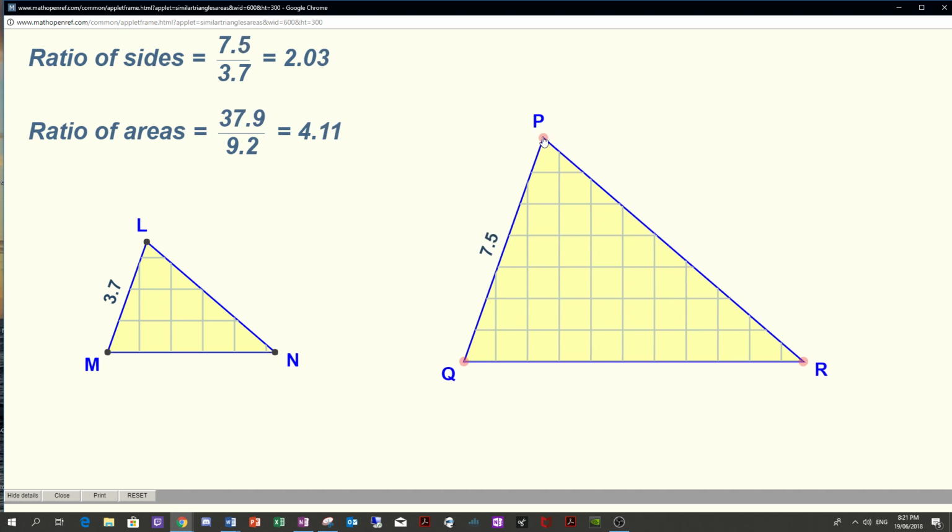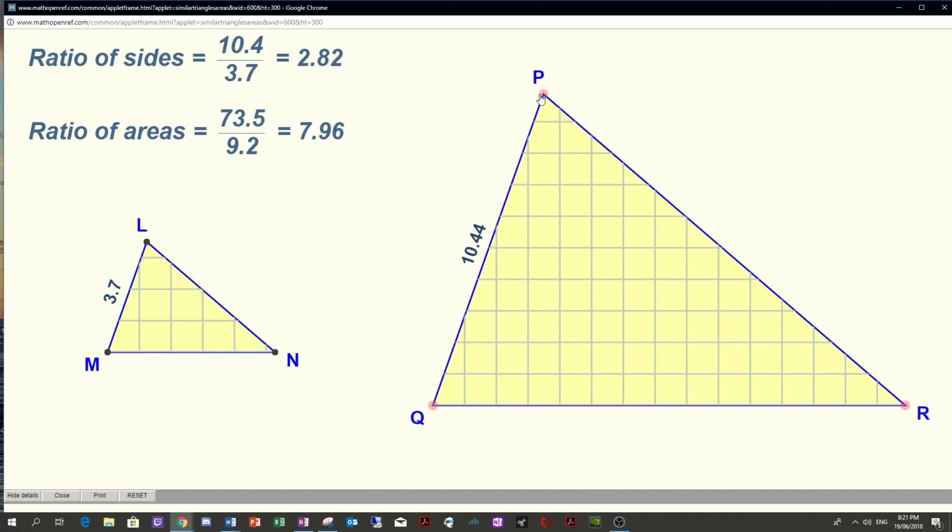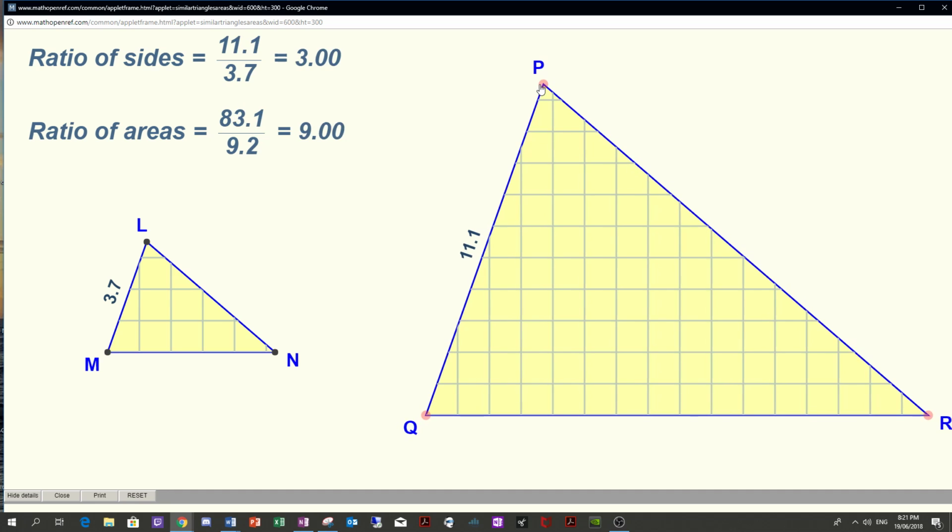Now, let's change this, and let's make this a little bit bigger. Let's make it, if I can, 9. Okay, so now we've got an area that's 83.1 and 9.2 because it hasn't changed. And we've got a side that's 11.1, and its corresponding side is 3.7. So if we look at the areas, the ratio of the areas comes out to be 9.